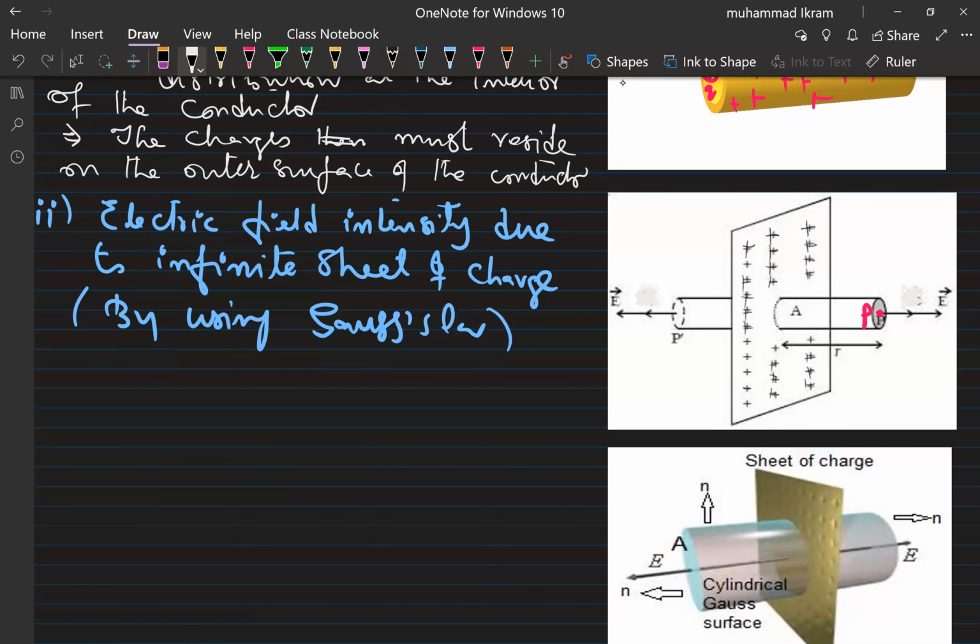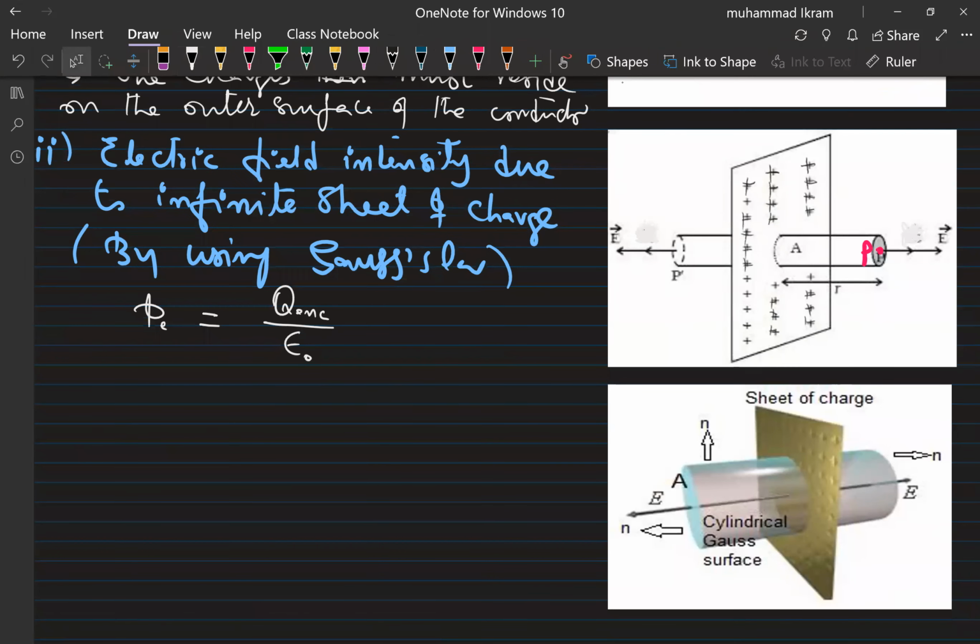Then what is the first point? The construction. In order to apply the Gauss law, what is the Gauss law? Gauss law tells us that the electric flux through a closed surface is equal to the charge enclosed by that surface divided by epsilon naught. In order to apply the Gauss law, we first need the enclosed surface.